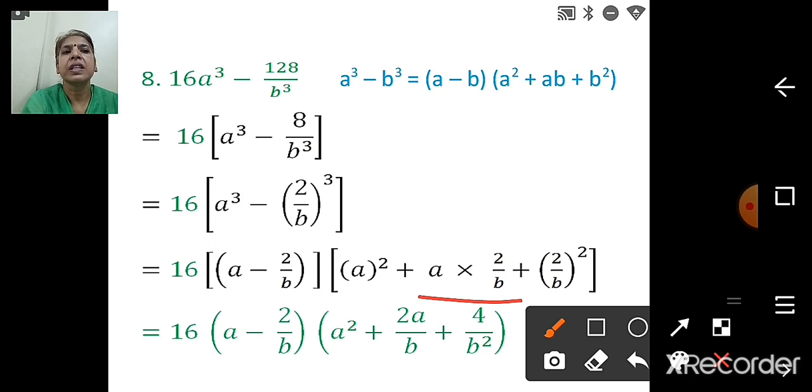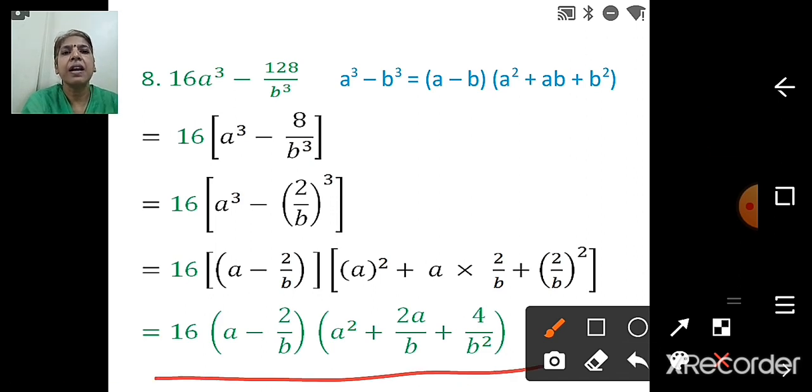Then the next one you have to simplify. Now a multiplied with 2, so in the numerator you are having 2a, in the denominator you are having b. So plus 2a upon b. Now 2 upon b the whole square, square of 2, 4 upon b square.